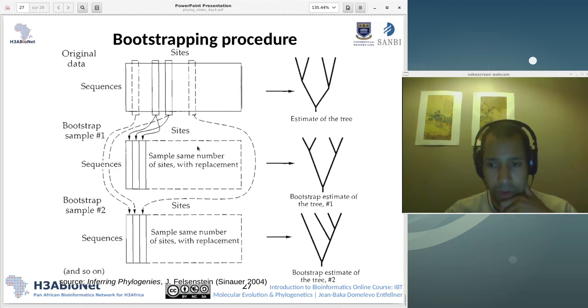It doesn't matter if you remember that we stick to the model of independent sites. It doesn't matter where you write them at the end. What matters is how many of each of the original sites you sample, okay? But at the end we build what we call a pseudo alignment that has the same length as the original alignment and that contains sites that are possibly repeated.